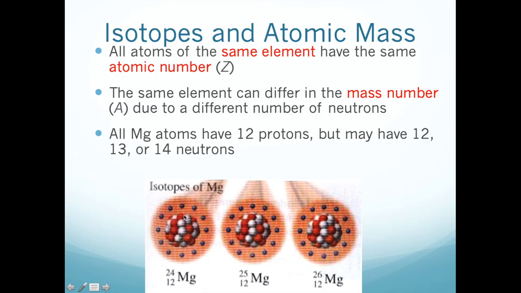The atom on the left has 12 neutrons. So with 12 protons and 12 neutrons, this atom has a mass number of 24. This atom in the middle has 13 neutrons, so 12 protons and 13 neutrons gives us a mass number of 25. And this one has 14 neutrons, so it has a mass number of 26.